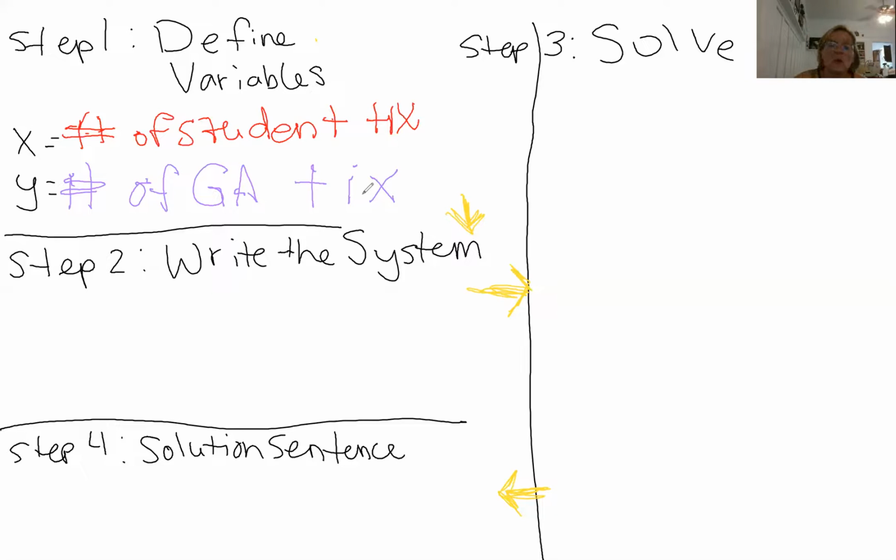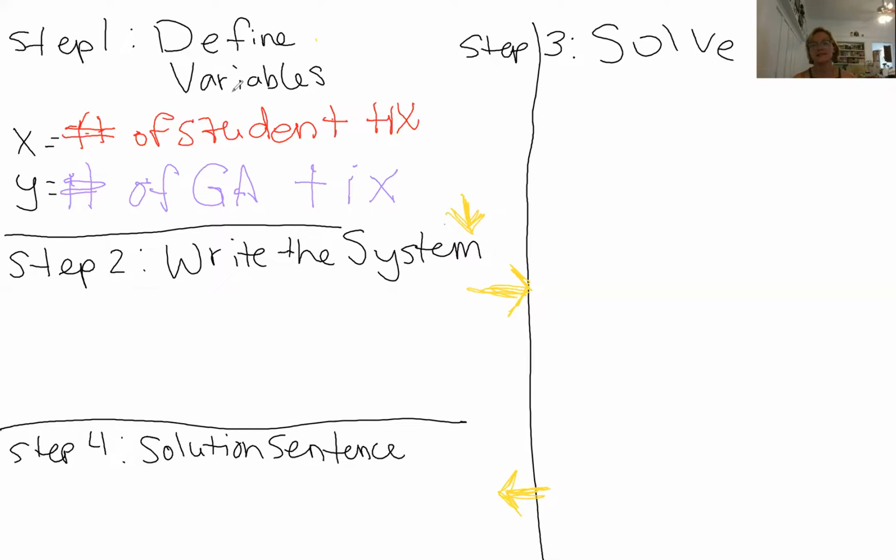Step 2, we're going to come down and write our system, which means we're going to write equations based on the sentences in the problem using the variables we just established. So you sold 17 tickets. That means that the number of student tickets that you sold and the number of general admission tickets together is 17.